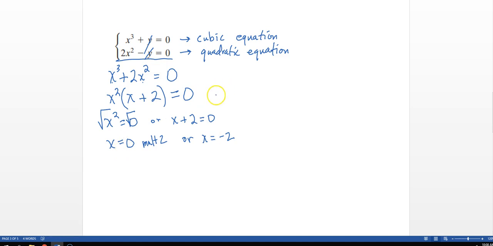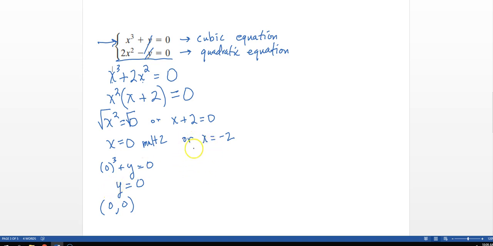So if x equals 0, we need to determine what y is equal to. So we're going to substitute it into equation 1 here. So 0 cubed plus y equals 0. Therefore, y is equal to 0. So one of our solutions is 0, 0. But remember, this has multiplicity 2, so it will touch the graph.